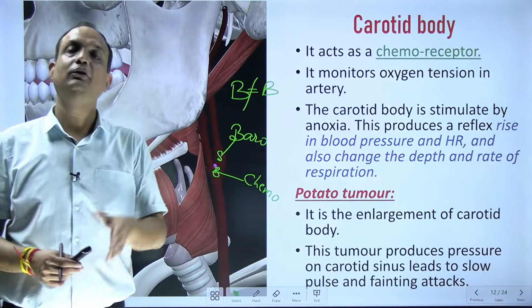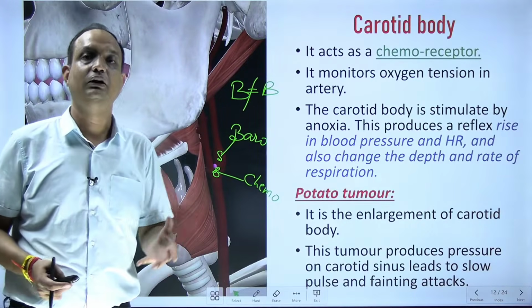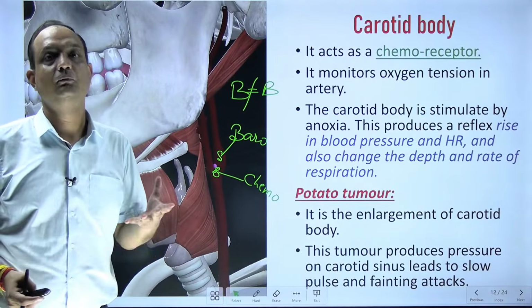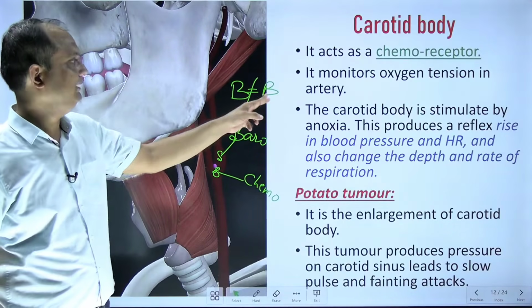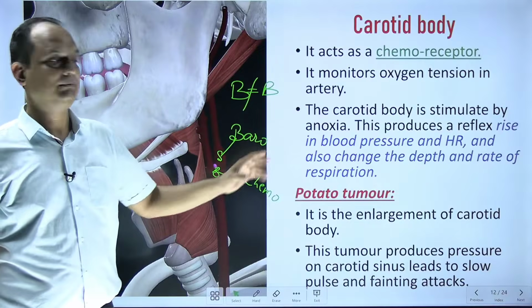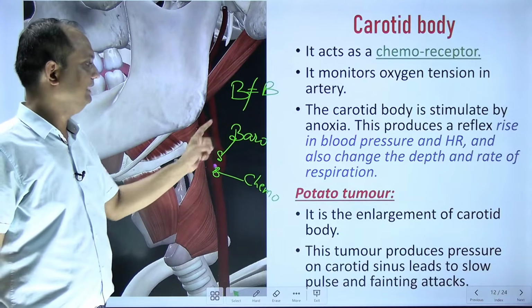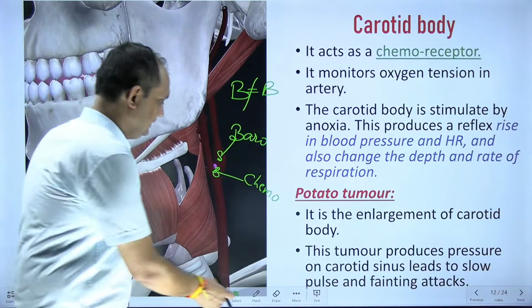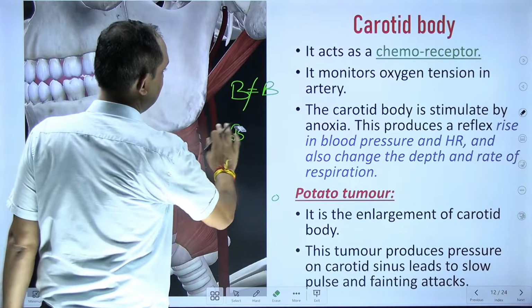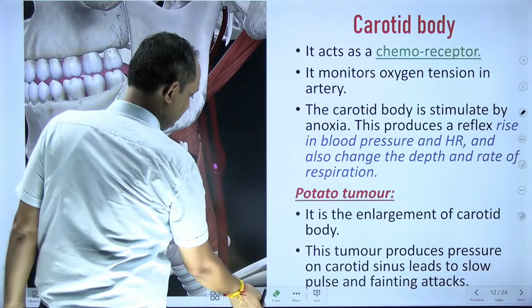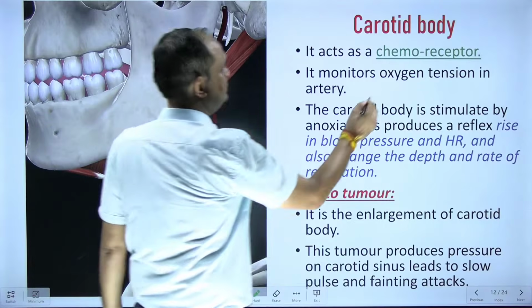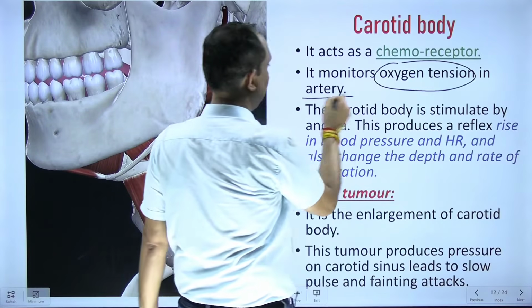So, this is a very commonly asked question, which of the following is a chemoreceptor or baroreceptor? So, B is not the B. That means body is not the baroreceptor. Body is chemoreceptor, sinus is baroreceptor. Another important thing about the carotid body is that it monitors the oxygen tension in the artery. Clear?